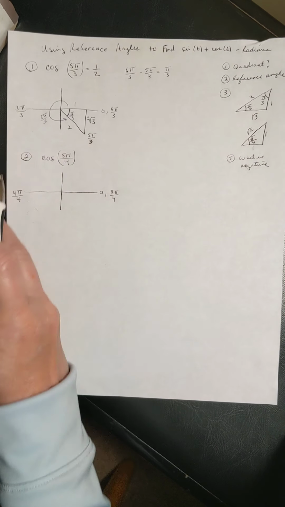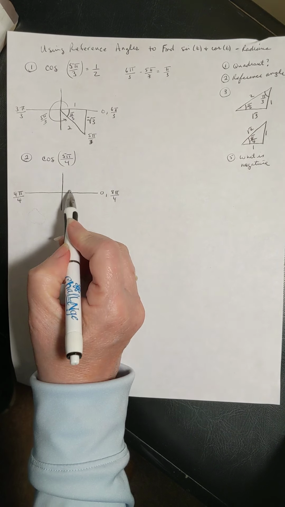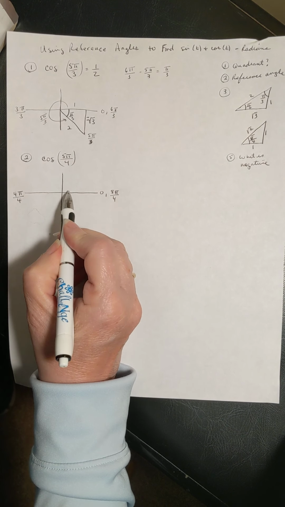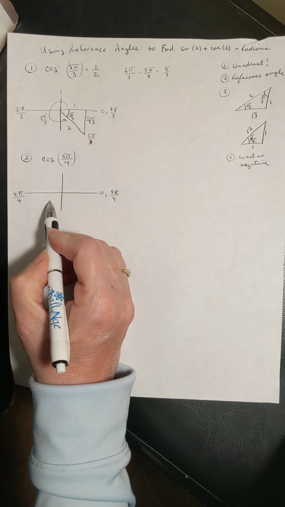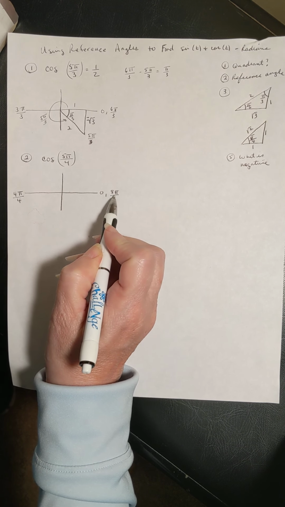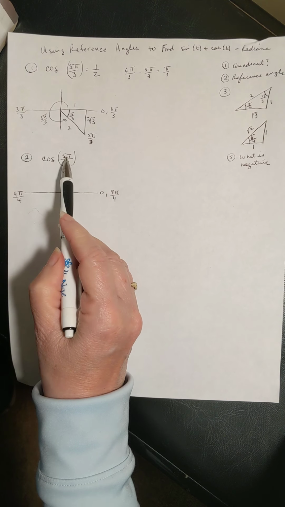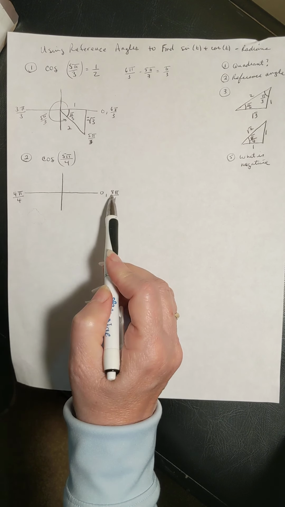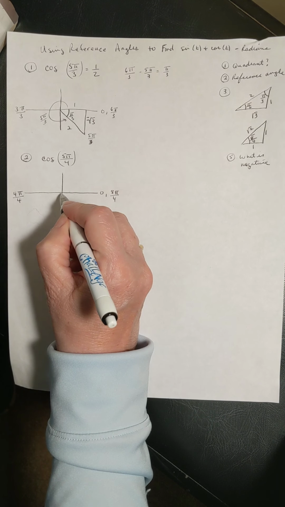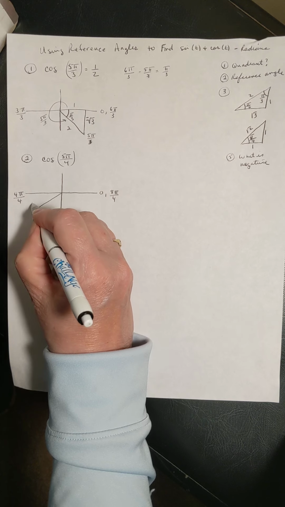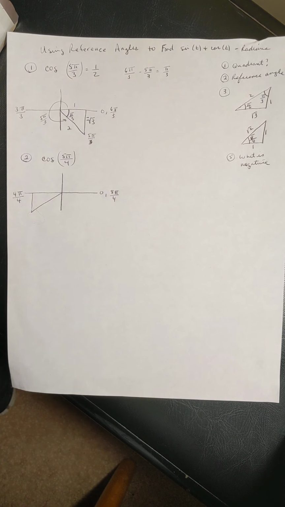So now coming around, I'm trying to get to 5 pi over 4, so it's going to be past 4 pi over 4, but not quite as much as 8 pi over 4. 5 is closer to 4 than it is to 8, and so this angle will be in the third quadrant.